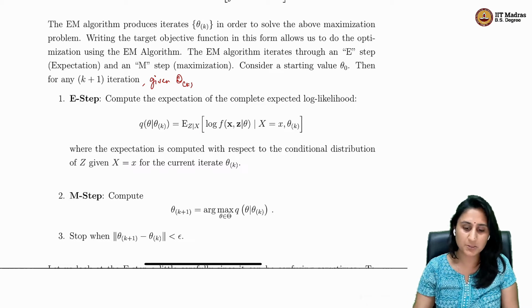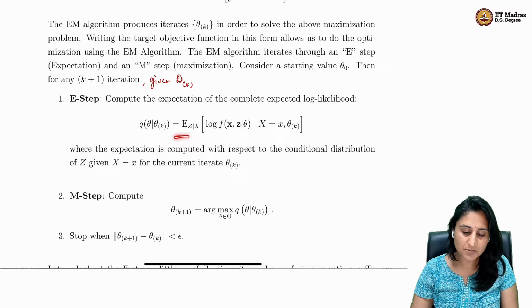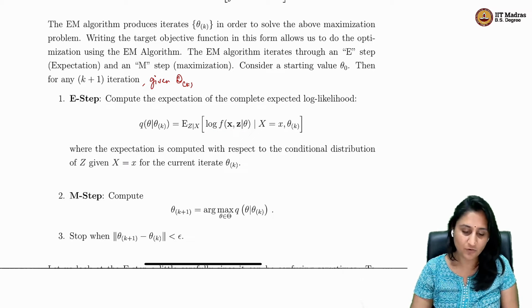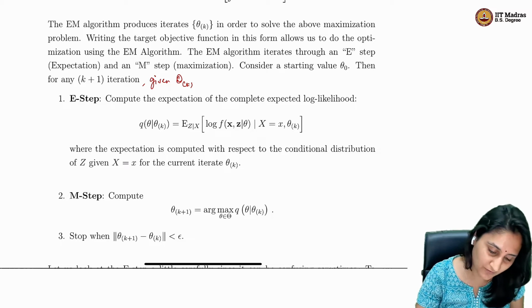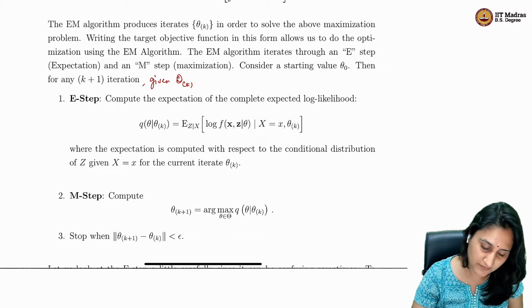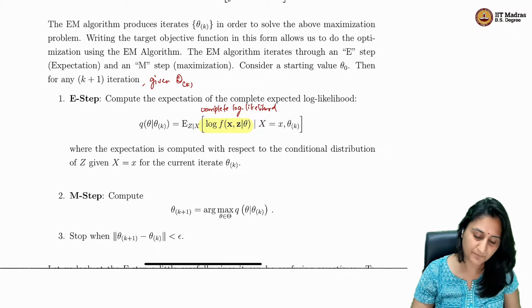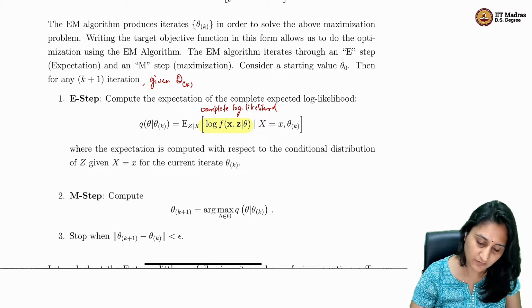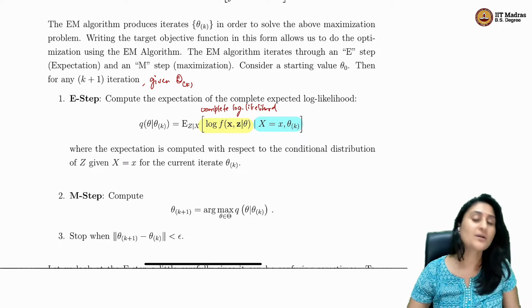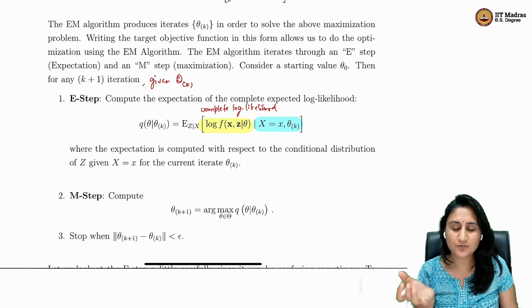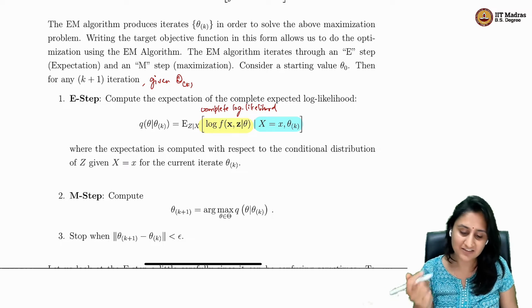Now we'll get to what this expectation looks like. But it's the expectation of the log of the joint likelihood, or the complete log likelihood. So this thing is the complete log likelihood. Okay. And this thing over here says, well, the expectation of the complete log likelihood given the vector of observations x and the current iteration theta.